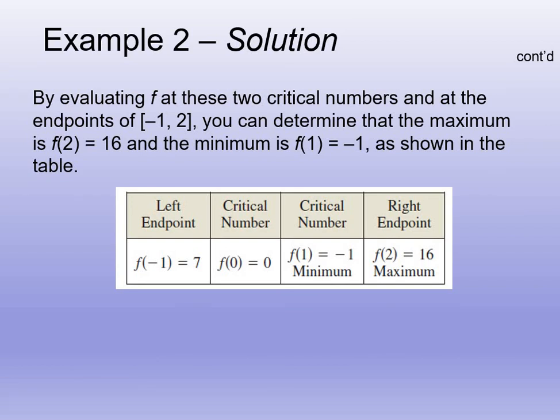So we know that the minimum occurs at the critical number of 1, at -1. The maximum on this particular interval actually occurs at the endpoint. So f of 2, 16 is our largest y value here, so that's where our maximum occurs.